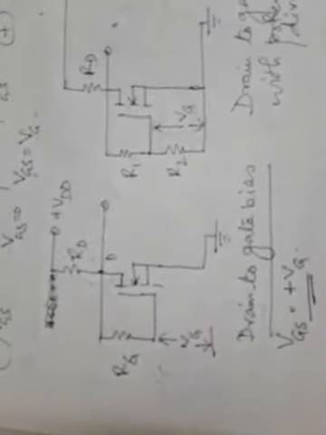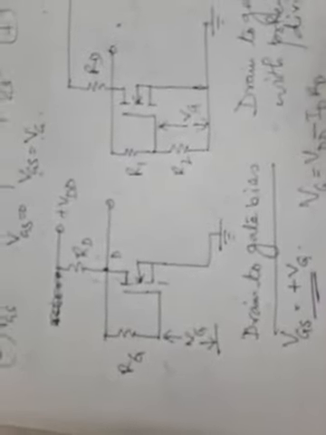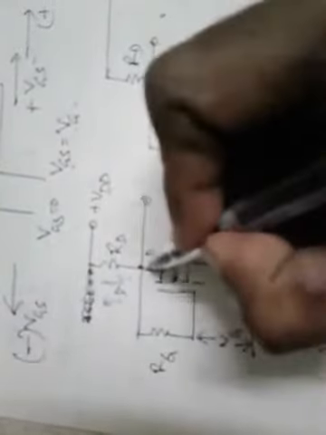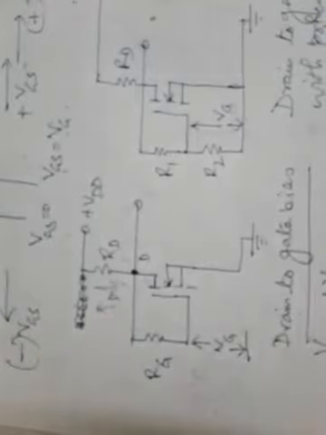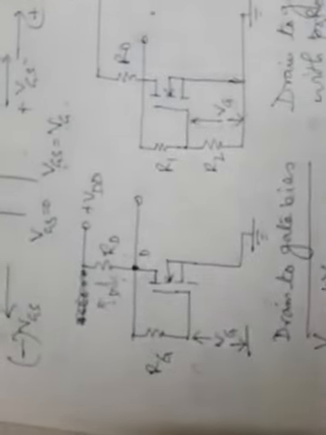Also we can write from here VG is equal to VDD minus IDRD, because IDRD is the drop across this resistance when current ID flows through it, and that drop subtracted from VDD will give you the voltage at this node, this drain terminal D. So this drain terminal is the voltage from which VG can be derived using this equation.